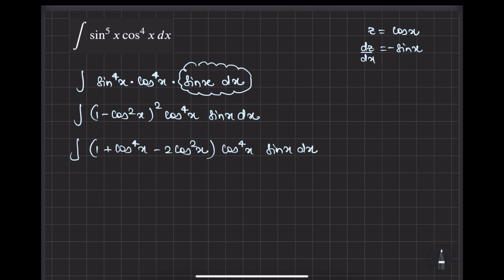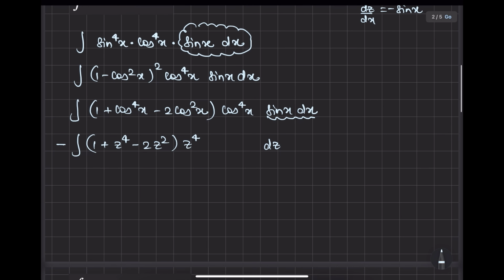Now apply the replacements. Minus of this thing will become dz, minus dz. Now we have 1 plus z power 4 minus 2z square into z power 4. Now let's send them into the bracket, so the minus will become plus: 2z power 6 minus z power 8 minus z power 4, and then we have dz.